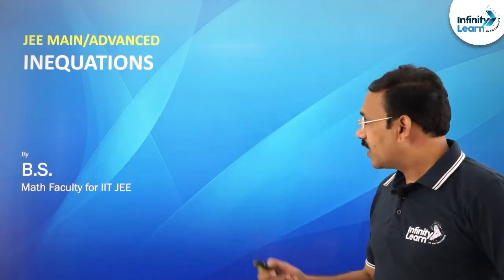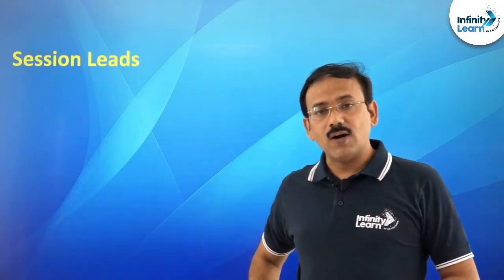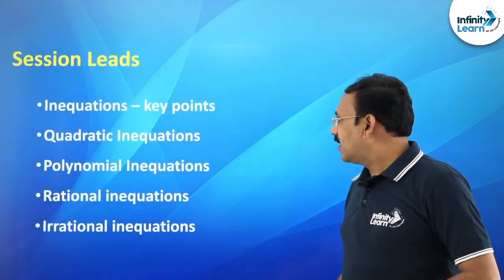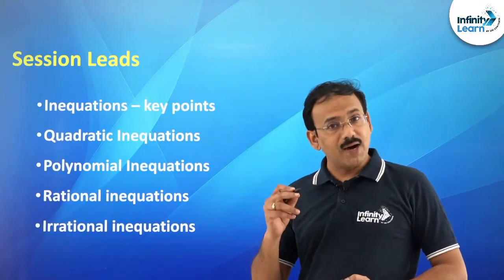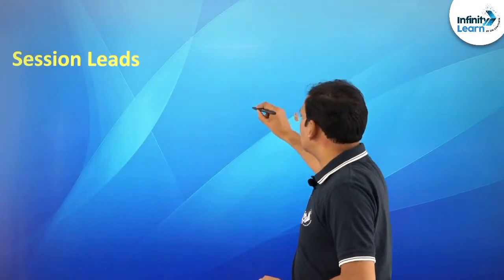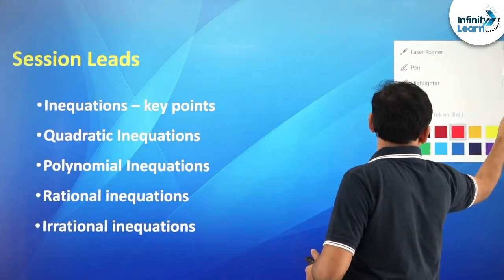First, the session outline. What are we going to discuss in this class? Inequation related key points that are to be mastered, the most important points, we will take up.